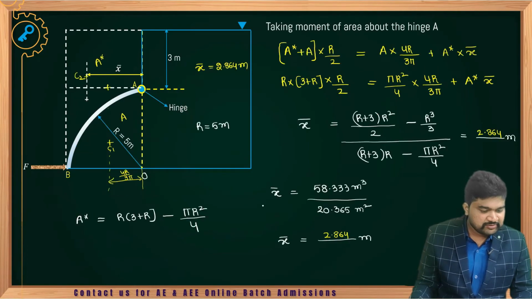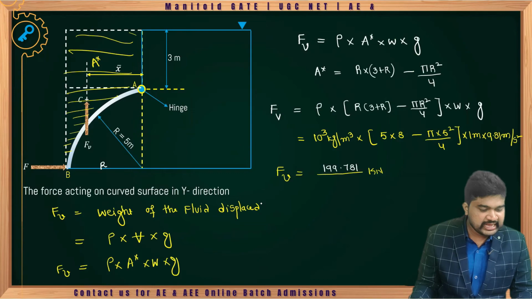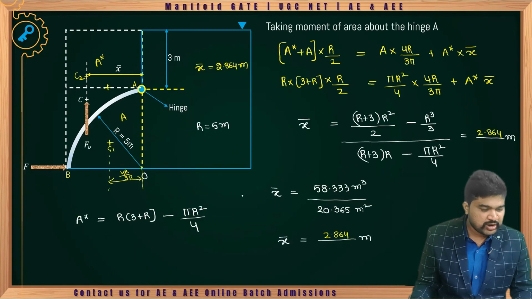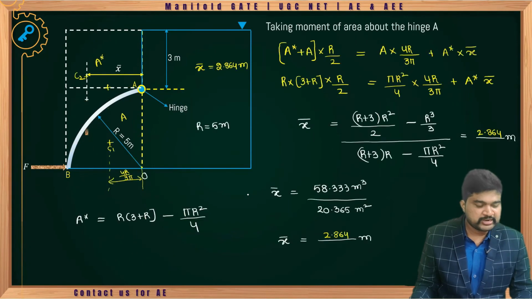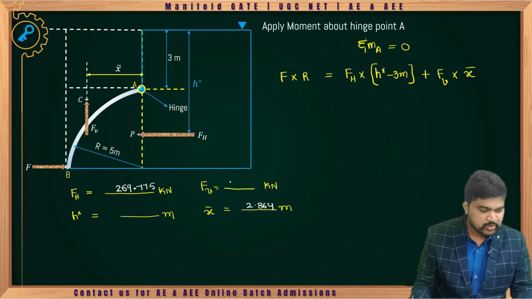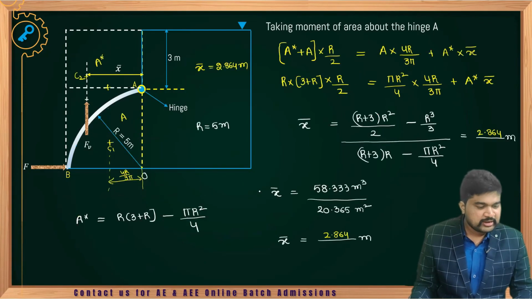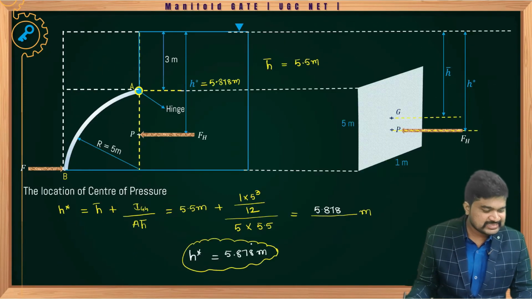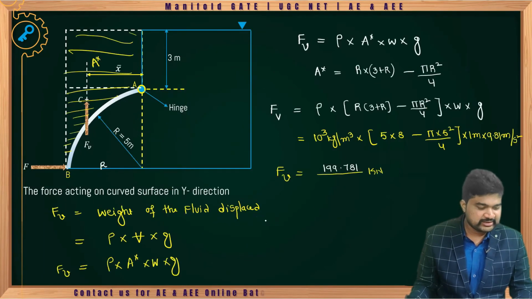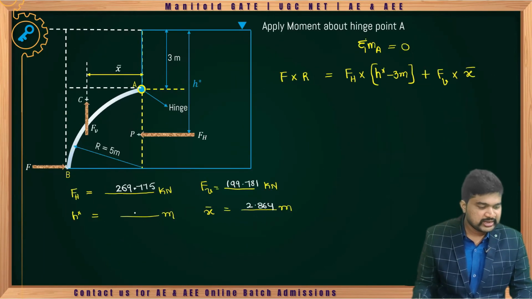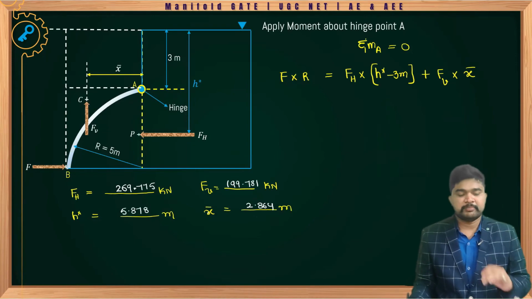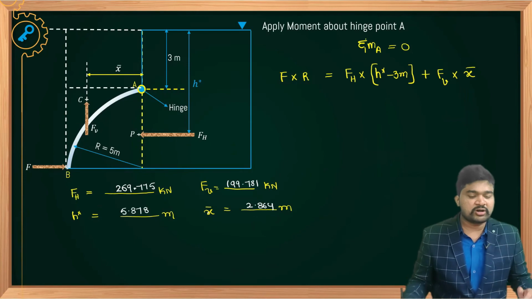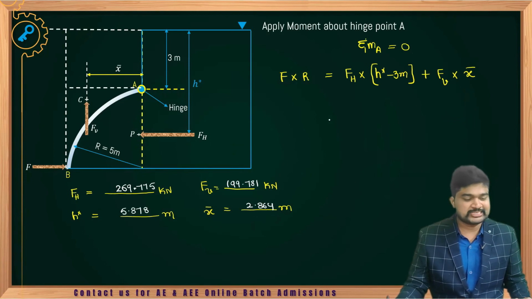FV equals 199.781. Now coming to H star, 5.878 meter. Now substitute all the values in this expression.